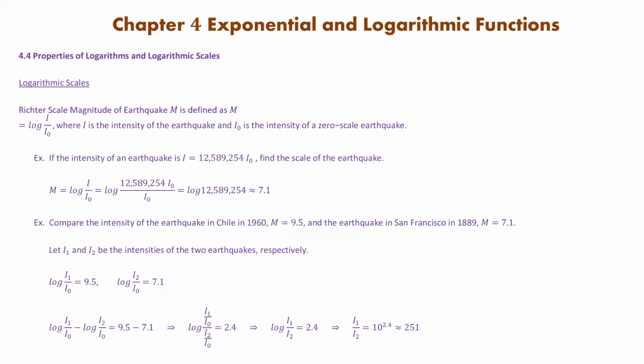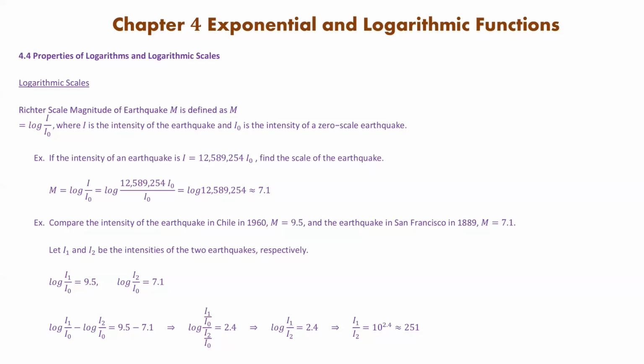So for example, if the intensity of an earthquake is I equals 12,589,254 I0.